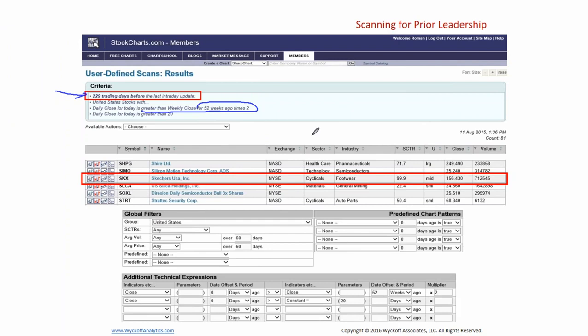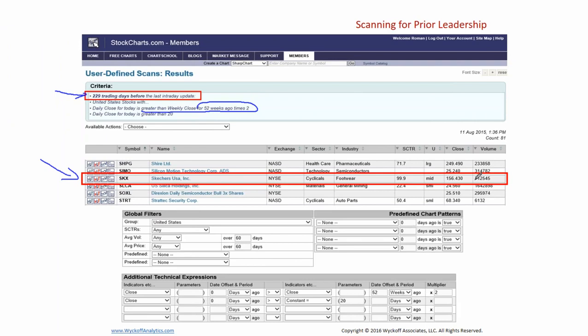So what that does, again, it gives me the stocks that are going to outperform during that rally that this particular stock has had.